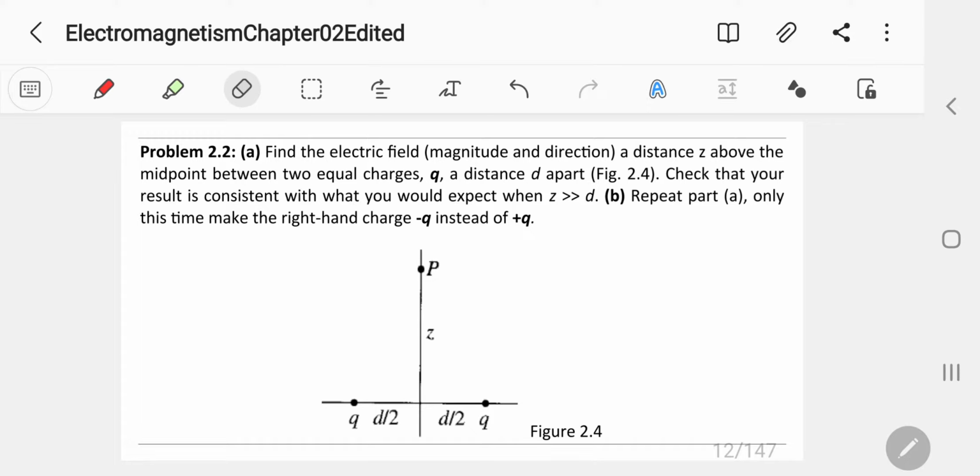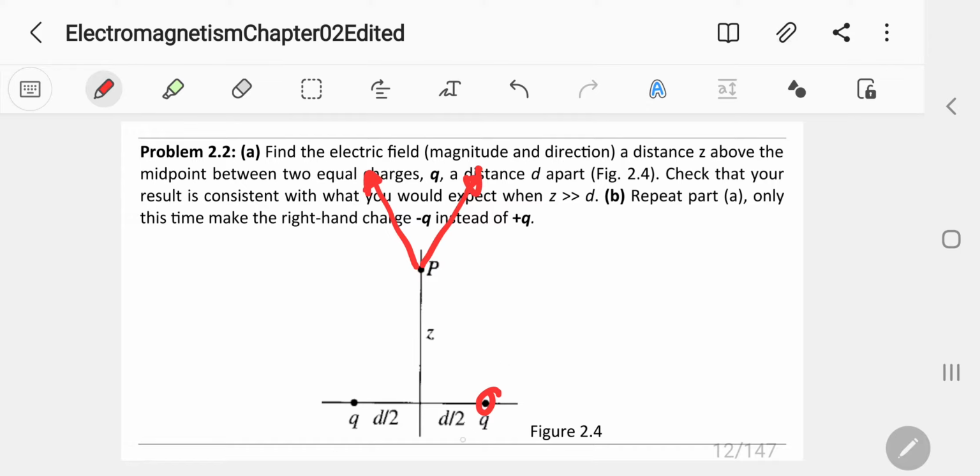Anyway, in this one here, you have P. So what electric field does this Q exert on P? This Q here would exert an electric field going there, and this Q would exert an electric field going here.